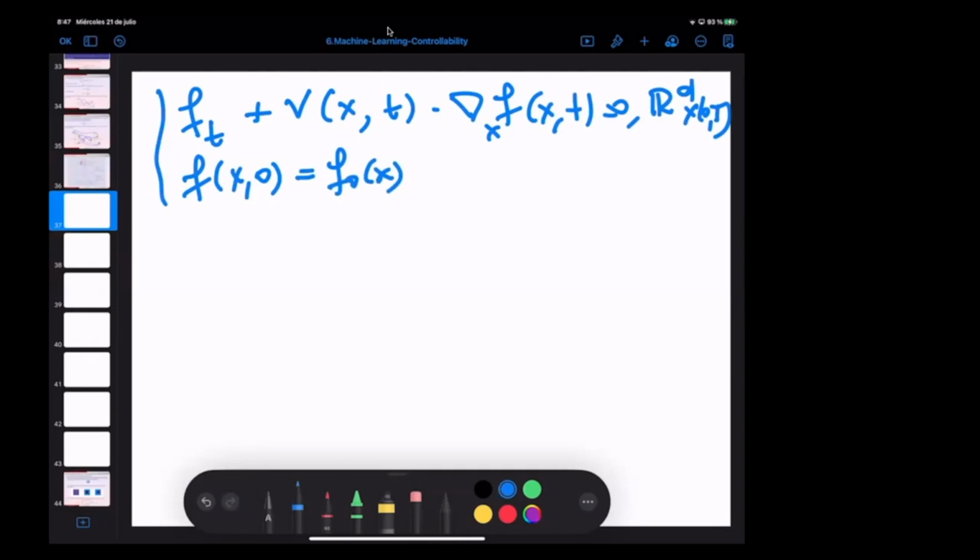Because I can say, listen, if you want to solve this transport equation, the only thing you have to do actually is to compute the characteristics.